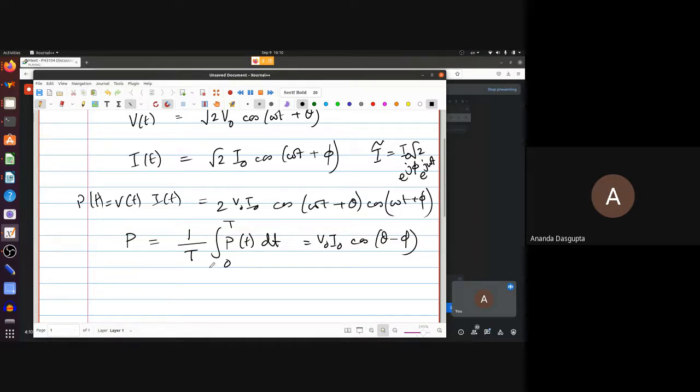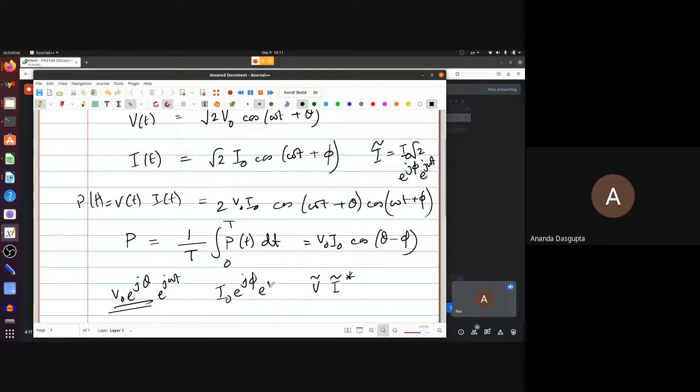And we might try to figure out a way of handling this with the complex numbers. Now, if you use e to the power j theta for the voltage and complex current as e to the j phi, of course, that's with an e to the j omega t. Notice that if you were to multiply this complex voltage by the complex current's conjugate, that will do two things.